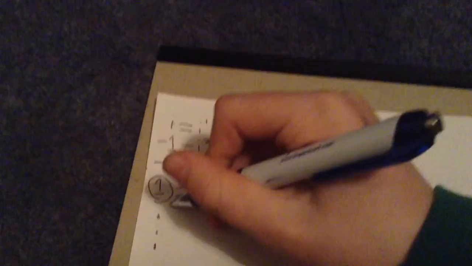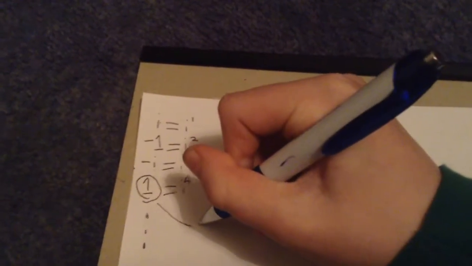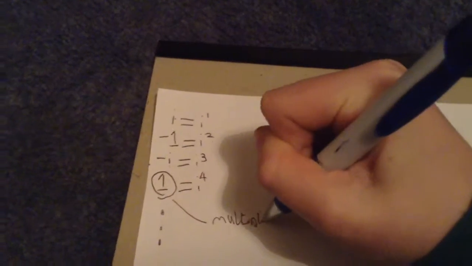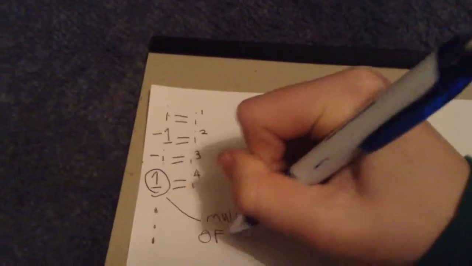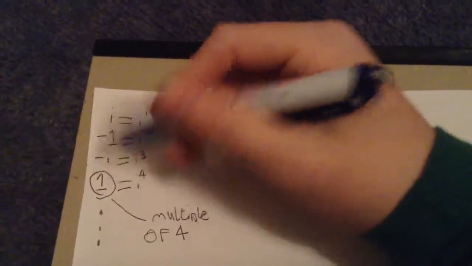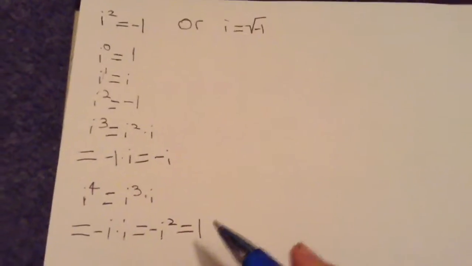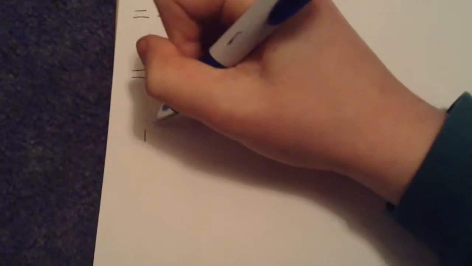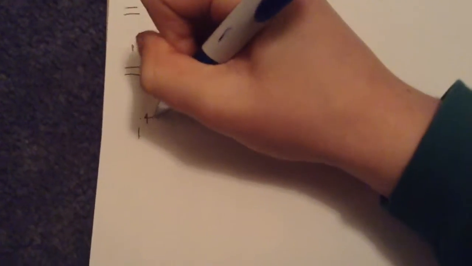And the one thing we need to take note of is that every multiple of 4 we will get a 1. So let's just say I to the 40th power.